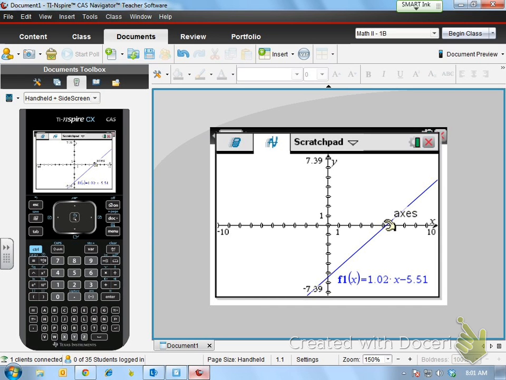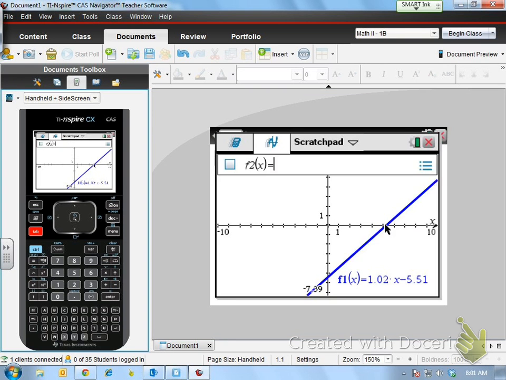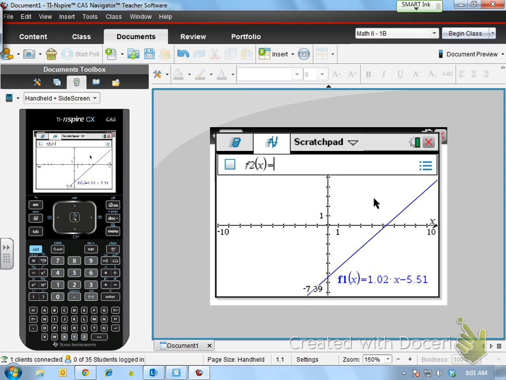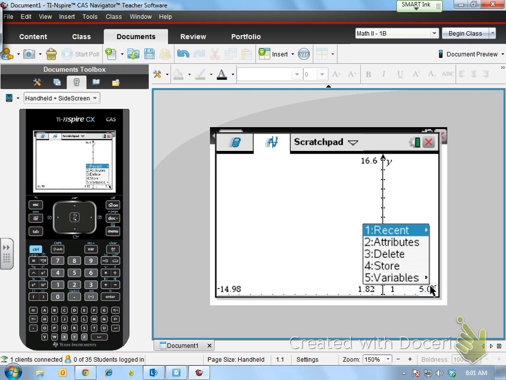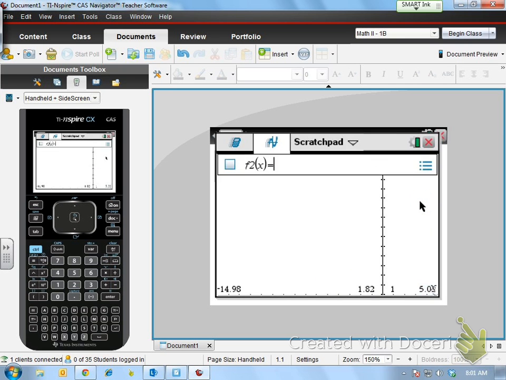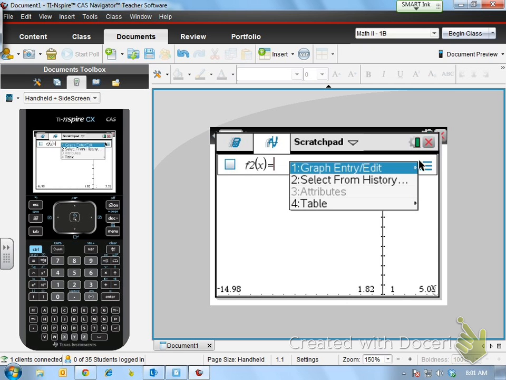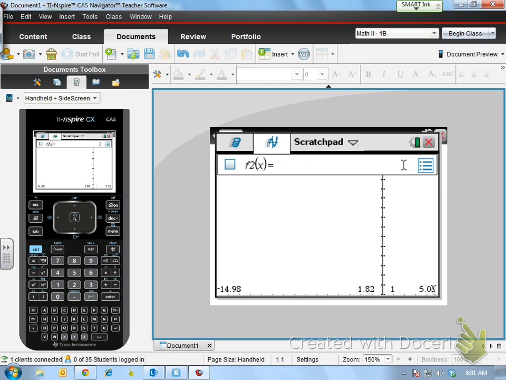If you hit the tab button, yours will come up on the bottom, and it will have an arrow on the bottom right. If you click that, then you can select F of 1 again and change. There we go. Stay. No, come on.